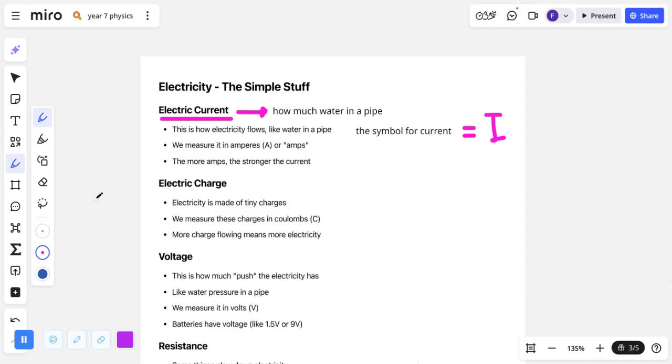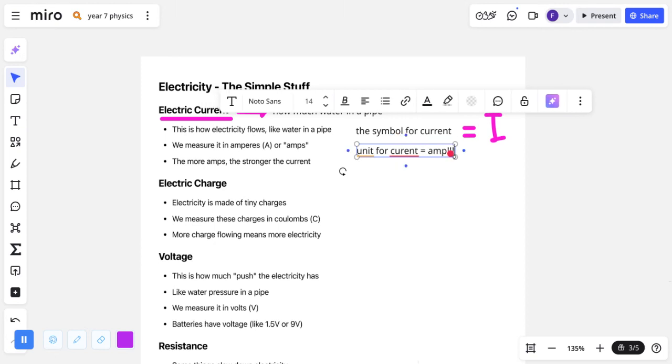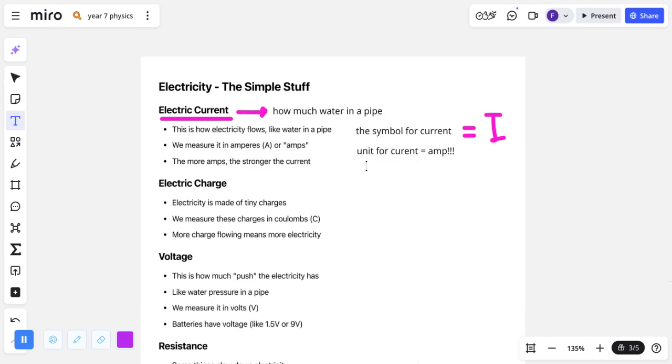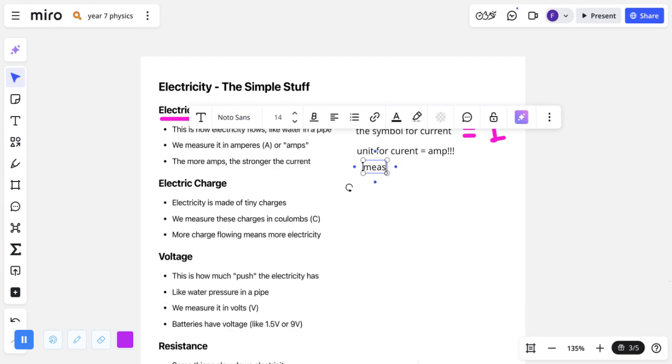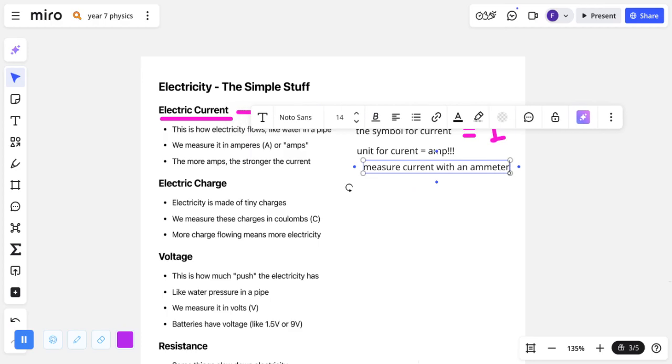Now, the unit for current is the amp. We measure current with an ammeter.